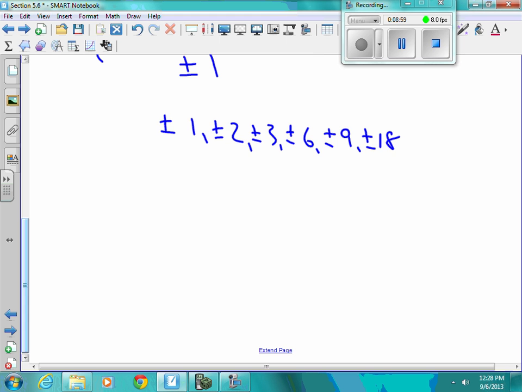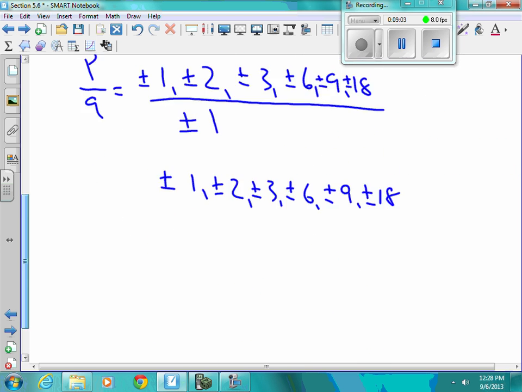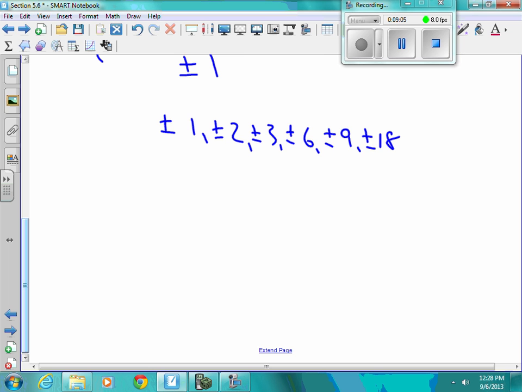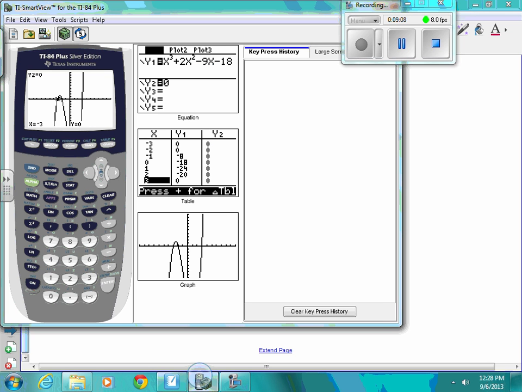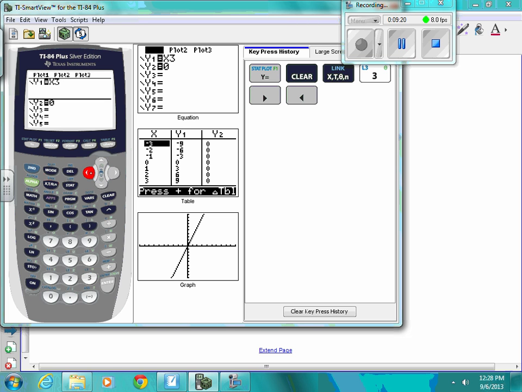So the next step, it said, use the graphing calculator to find at least one zero. So we're going to go pick up our graphing calculator. We're going to go to y equals, and we are going to put in our equation. Instead of k, I'm going to use x. I hope that doesn't upset anybody, but our calculators really don't let us use k.